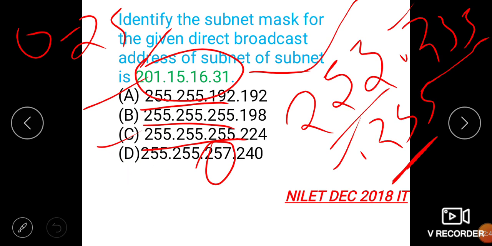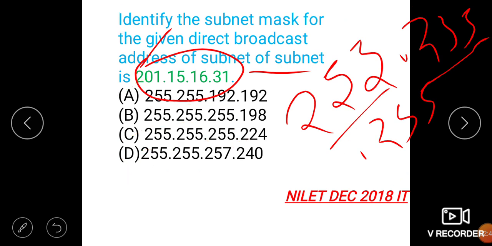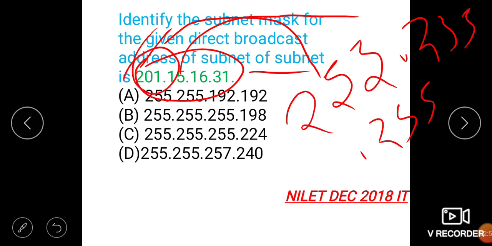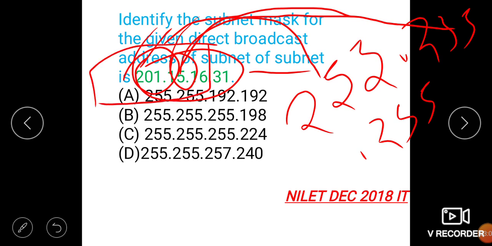Now, if we AND 255 with any number, we get the original value, that is 201. If we AND 215 with 255, we also get 215. So after this it will not change. Now convert the last number into a binary number.